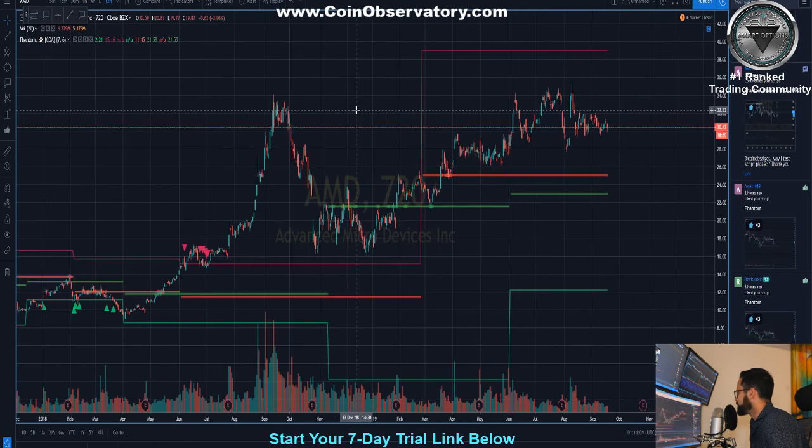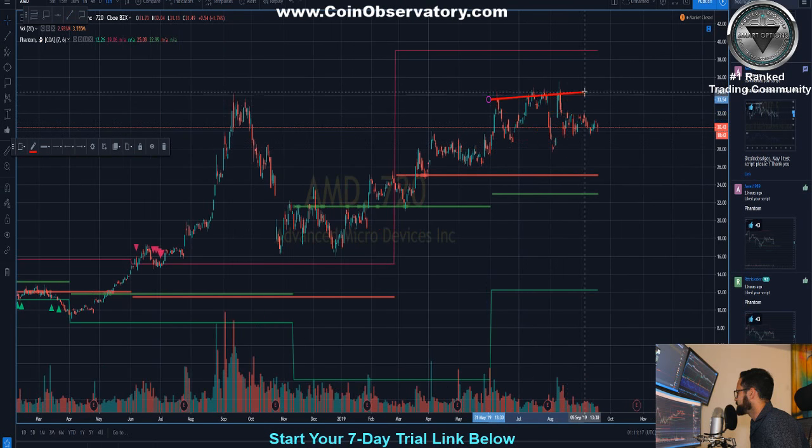All right, so looking at a chart like this, I'm not sure what's going on fundamentally with AMD, right? What would cause a rally or a sell-off? I'm seeing a little bit of a diamond top, right? And this is going to let us know where there's quite a bit of liquidity. I wouldn't even call it a diamond top, but it's in a no trade zone, right? The 720 is in a no trade zone.